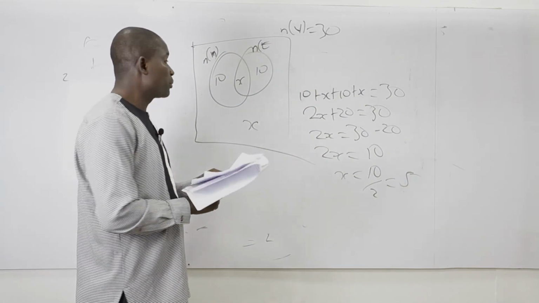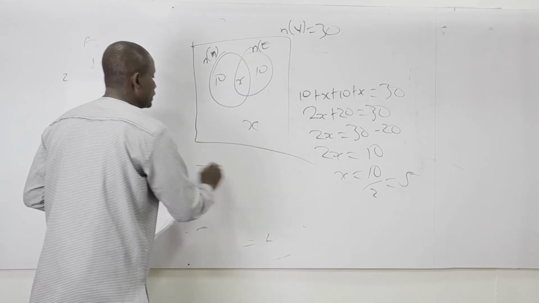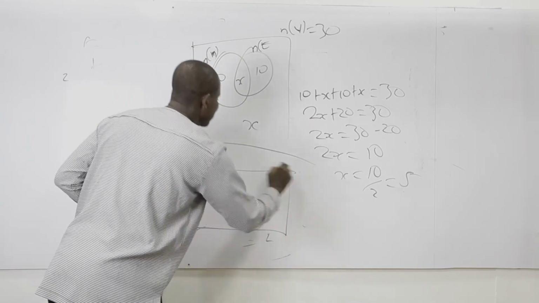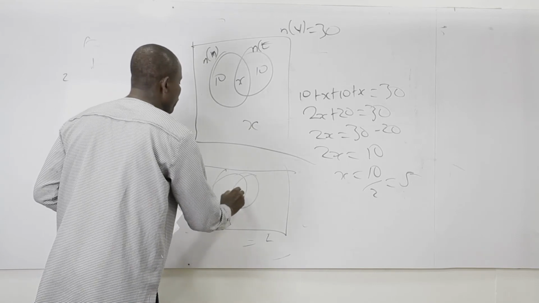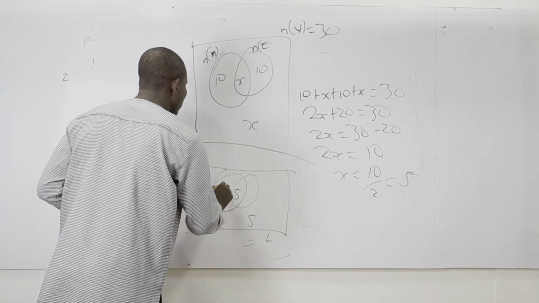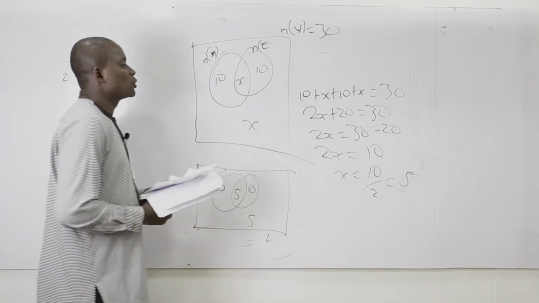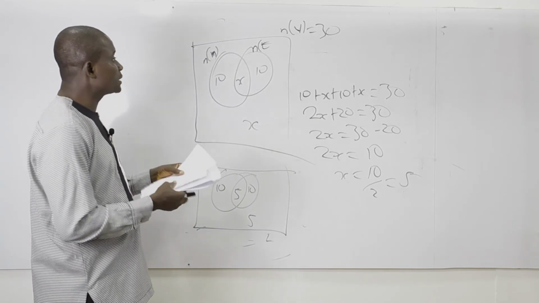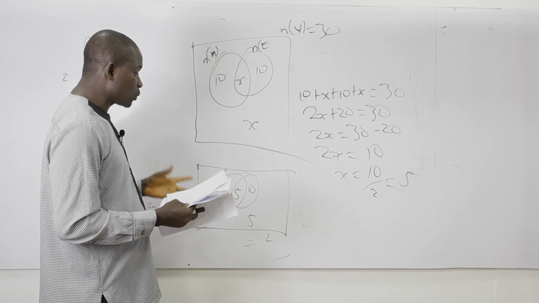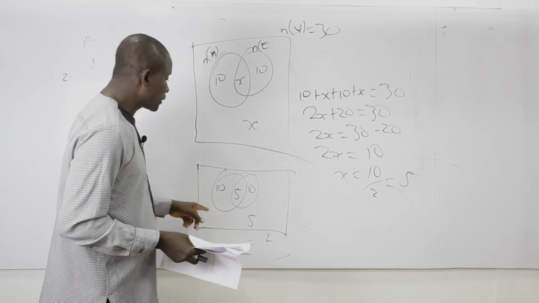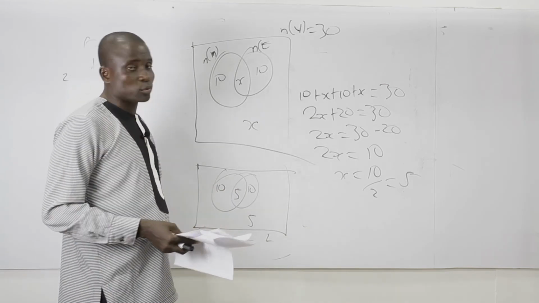So if he asks you at least or at most, whatever it is, once you know x is equal to 5, here is 5, here is 5, here is 10, here is 10. When he asks at least one subject, the least is one subject: this plus this plus this will give you 25.